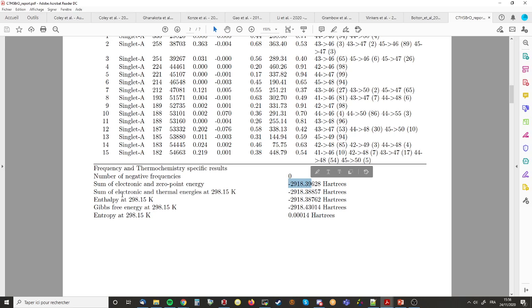When you do the electronic and the thermal contribution of the energy at room temperature, you have a slightly higher energy, okay? And you can calculate the enthalpy, the Gibbs free energy. So this one includes the entropy, and you have the entropy of your molecule. So this is more for thermochemistry and reactivity, depending if you have some bonds that are created or not.